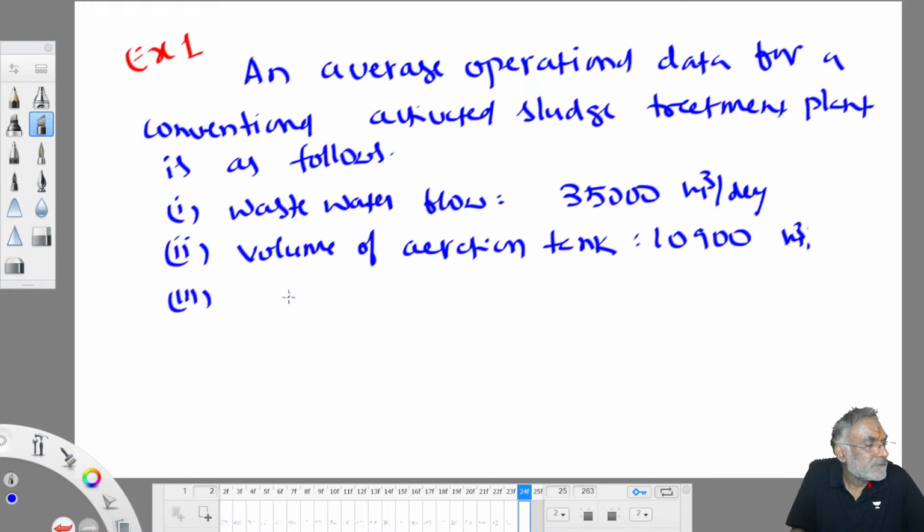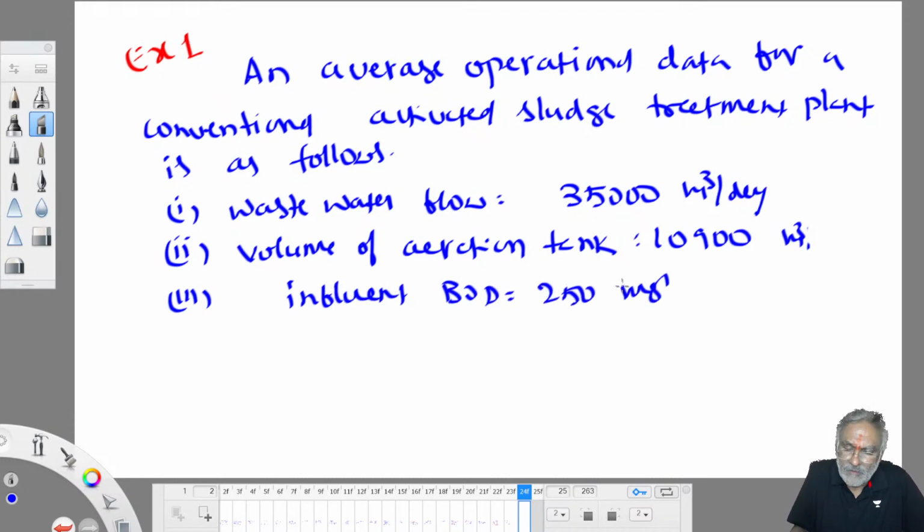3. Influent BOD: 250 milligram per liter. 4.